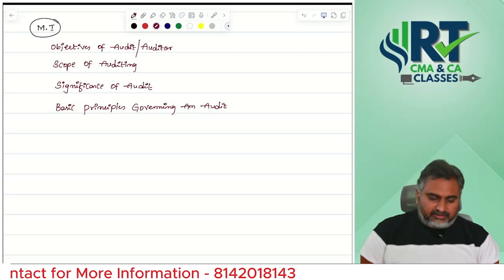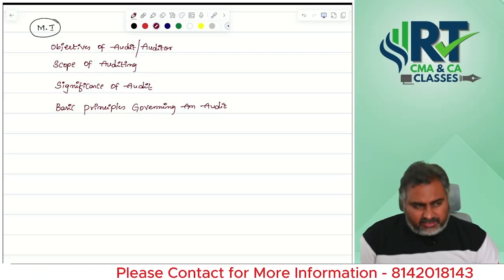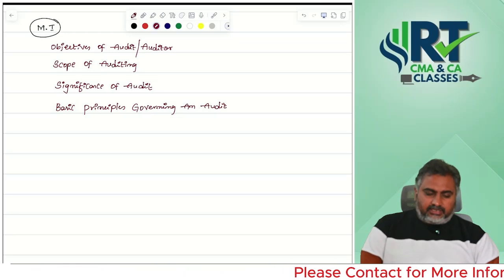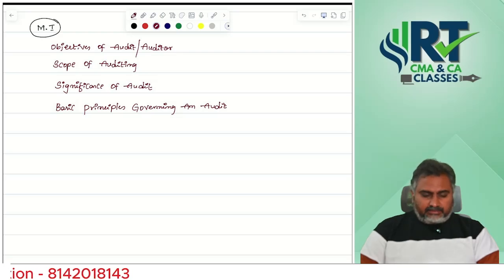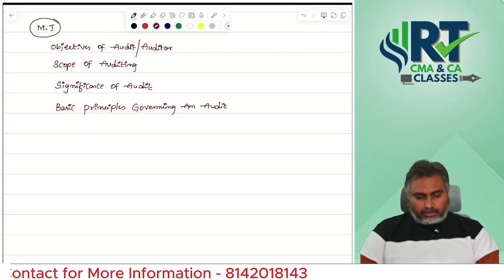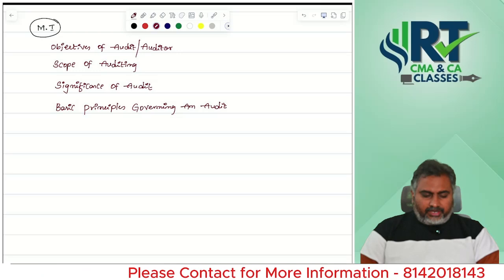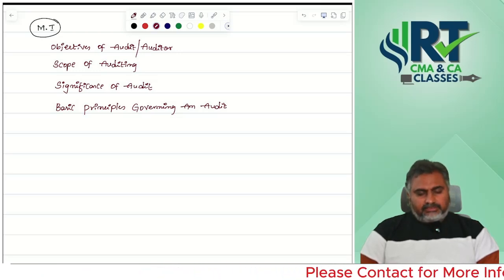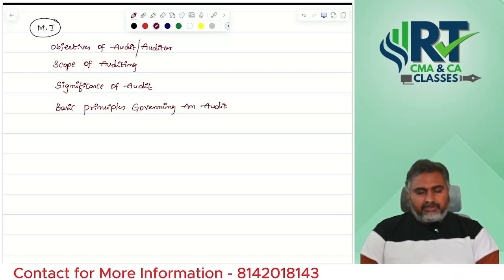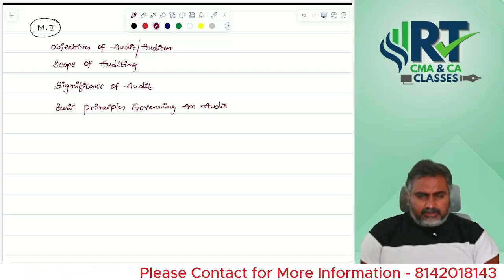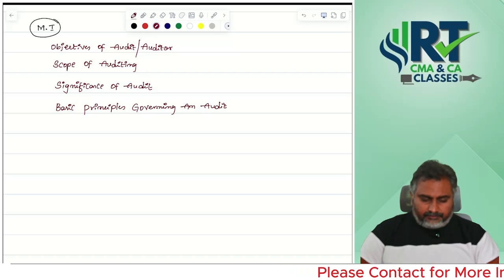This is also another important question. If you remember: integrity, objectivity, confidentiality, skills and competence, independence, documentation, planning, audit evidence, audit systems, accounting system and internal controls, and audit conclusions and reporting. These are all covered under basic principles governing an audit.